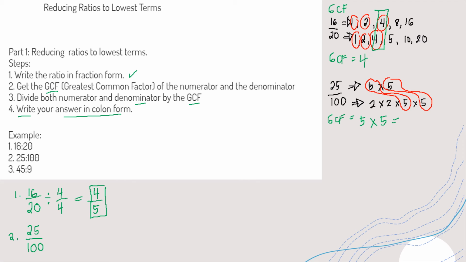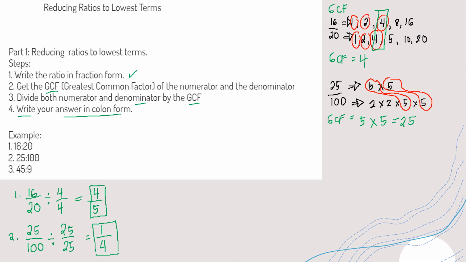Hence, the GCF is 25. That will be part of our step 3. I will divide 25 over 100 by 25 over 25. 25 divided by 25 is 1, and 100 divided by 25 is 4. And this is now the lowest term form of 25 is to 100.